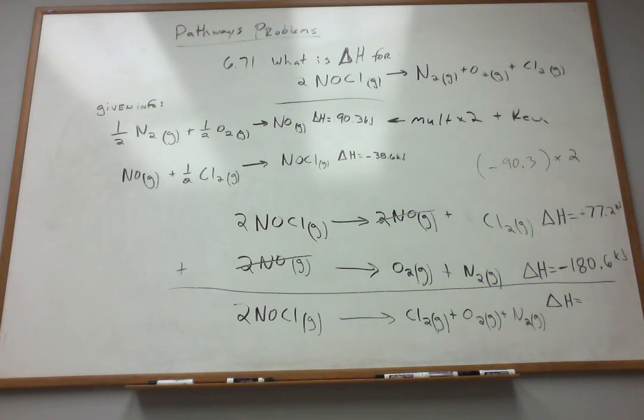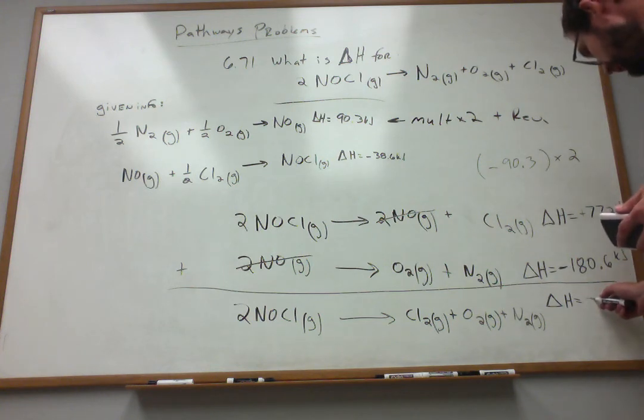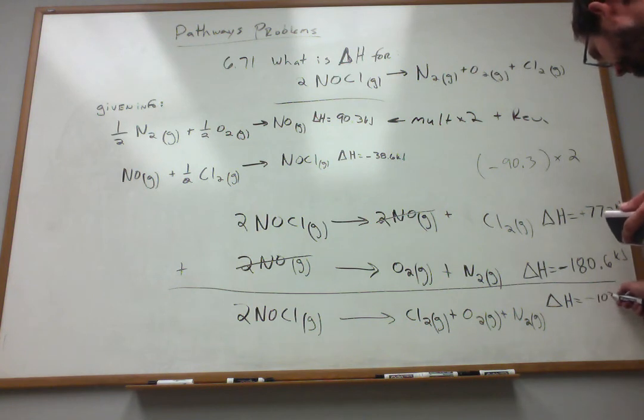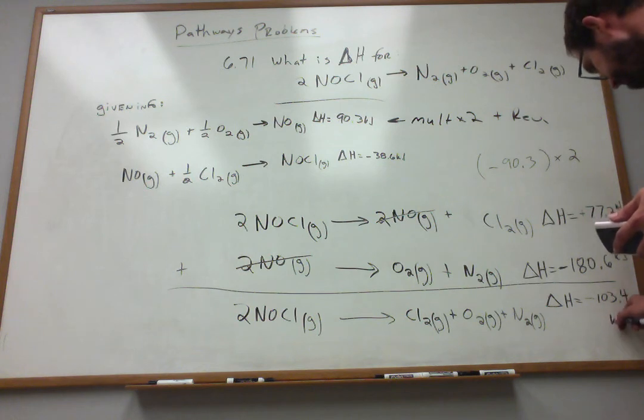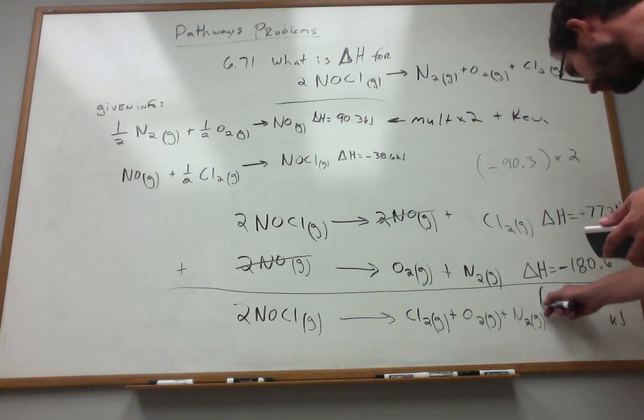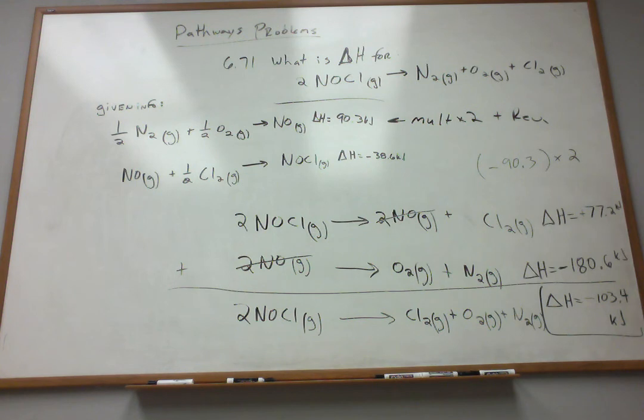So what I need to do is take 77.2 positive and add that to a negative 180.6, which yields negative 103.4 kilojoules. So as a result, this reaction would have an expected enthalpy change of negative 103.4 kilojoules. I'd expect it to be an exothermic process. All right.